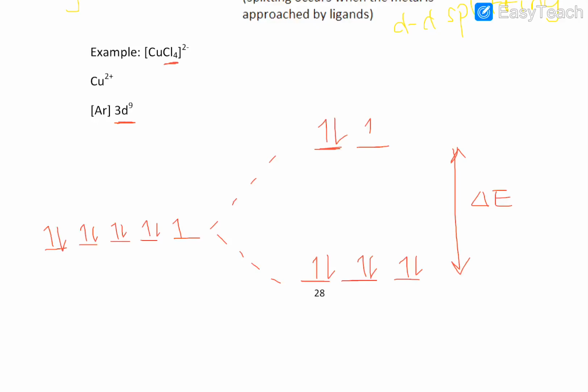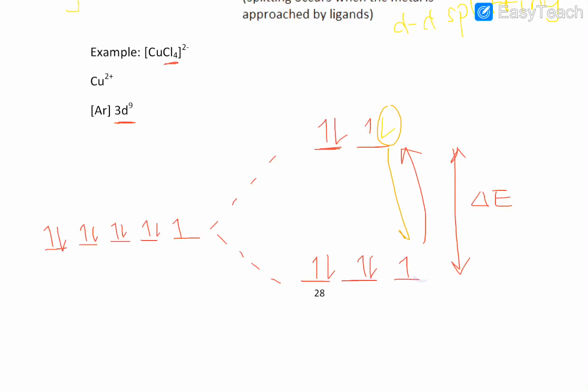Now, what is going to happen is that as this is exposed to light, one electron is going to absorb light of a specific wavelength and is going to get promoted and get excited to the higher energy level. So it's going to move from here to here. Eventually it will fall back to its initial level.